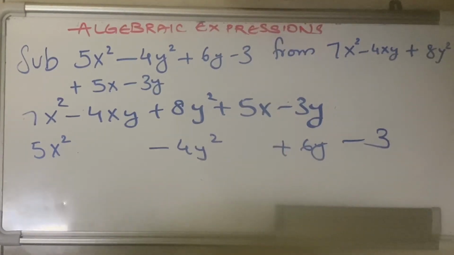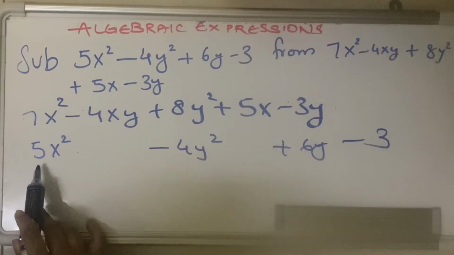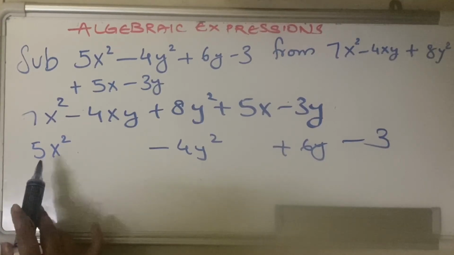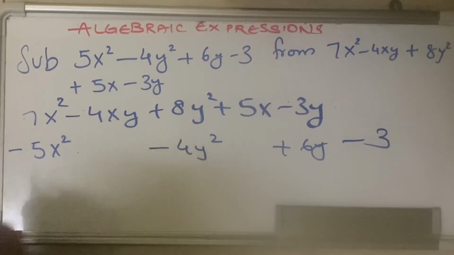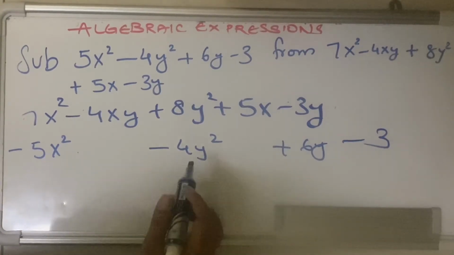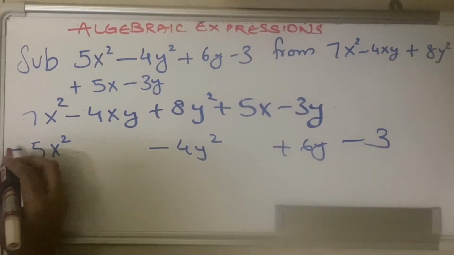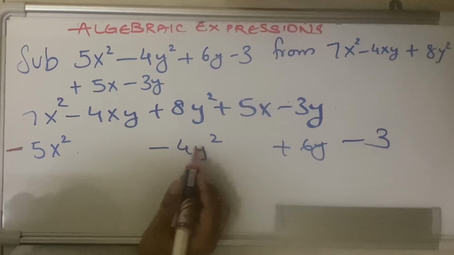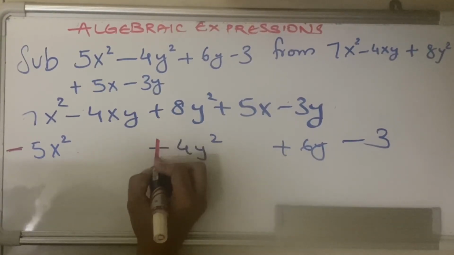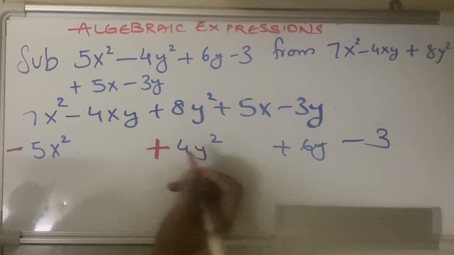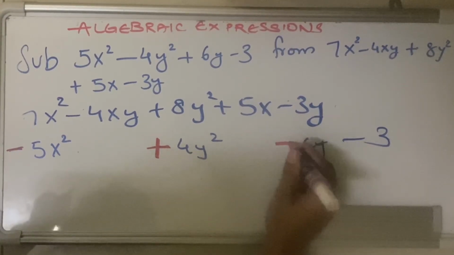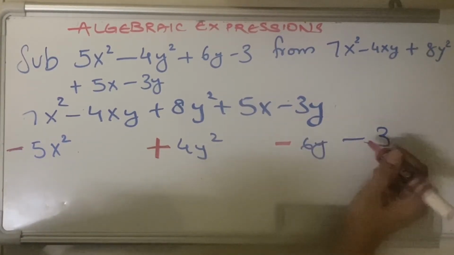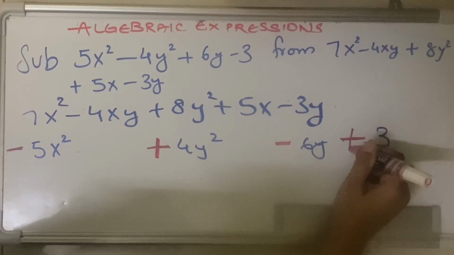So here it's plus 5x square, which I should make minus 5x square. Here I have minus 4y square, which I will make plus 4y square. Here I have plus 6y, which I will make minus 6y. Here I have minus 3, which I will make plus 3.